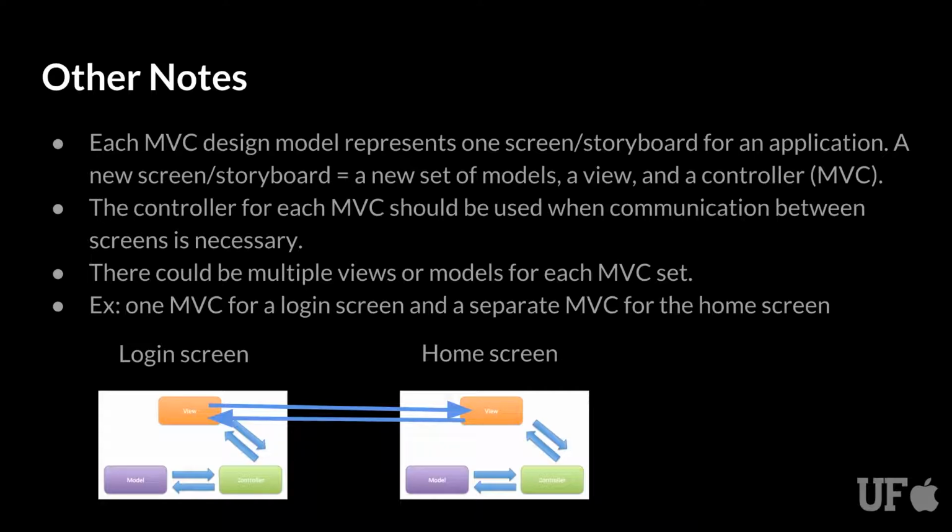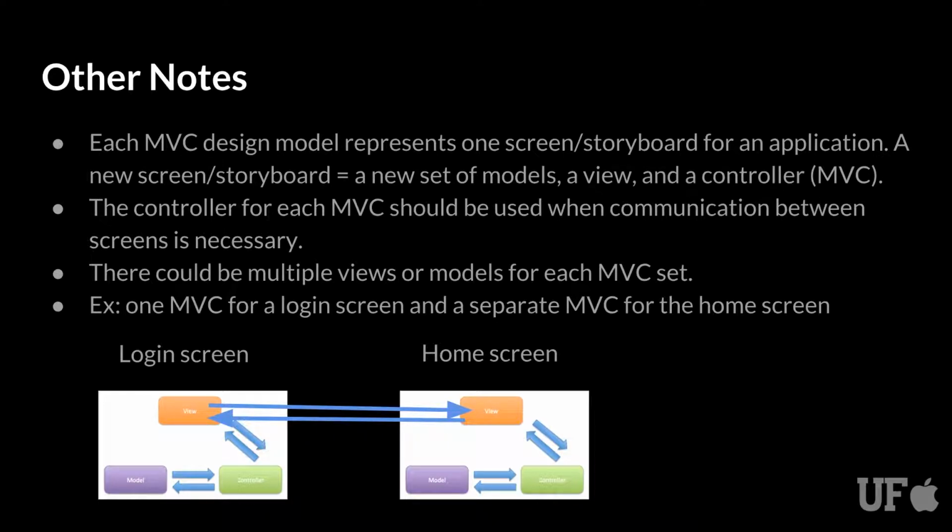So MVC, that's one thing. For each screen, we're going to have a separate model, view, and controller set. We'll go back to the Snapchat example. On the camera screen, your models could be all the processing for the images and actually taking a picture.